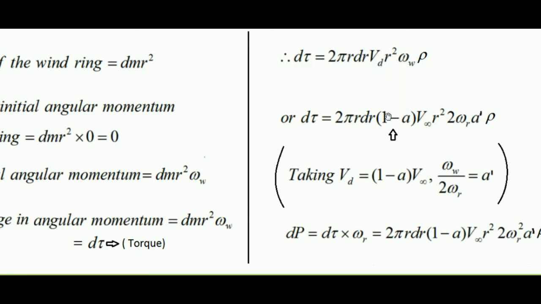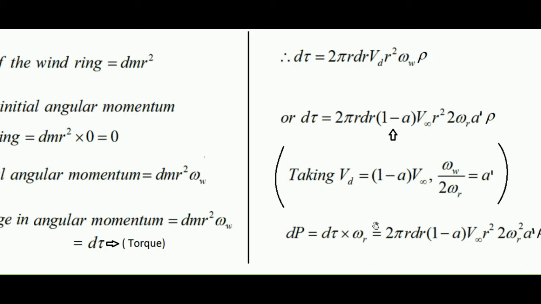Now this Vd we have already learnt in the momentum theory, without considering wake, it is equal to (1 minus a) into V infinity, I have written. And this omega w, according to the definition of angular induction factor, can be written as 2 omega r into a dash. So I have written that over here. So ultimately the torque applied on that very thin considered ring is this much.